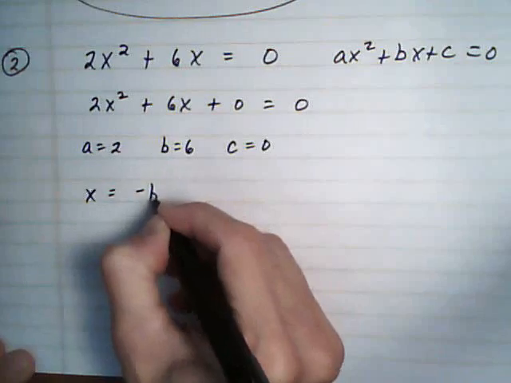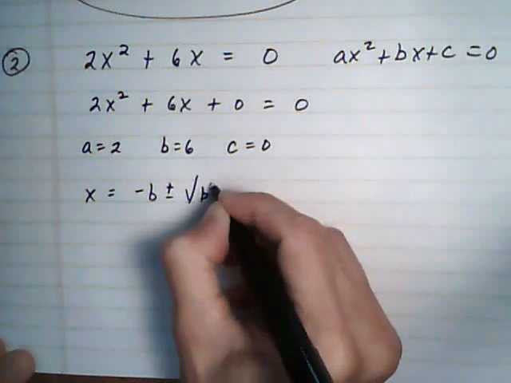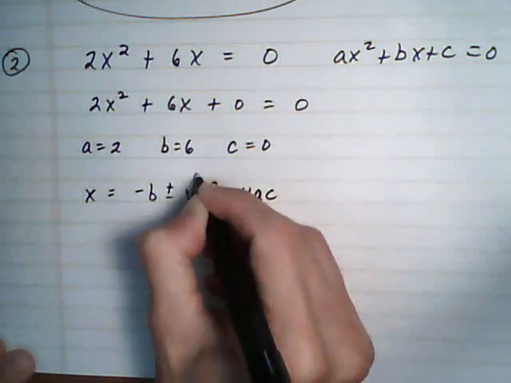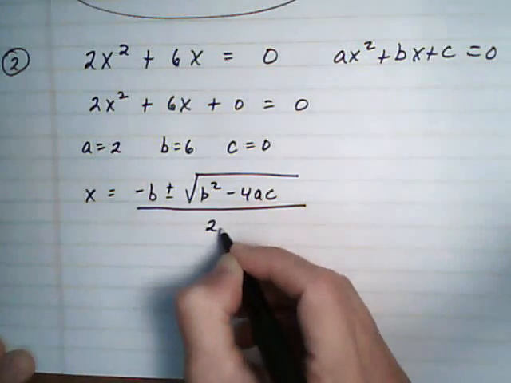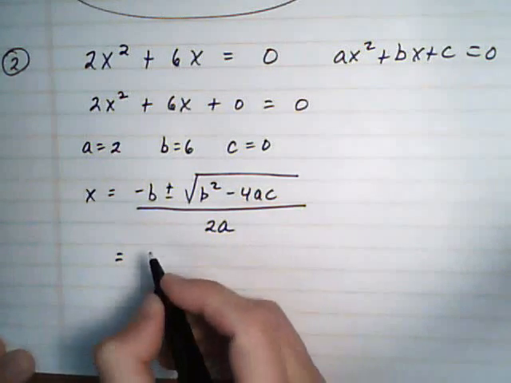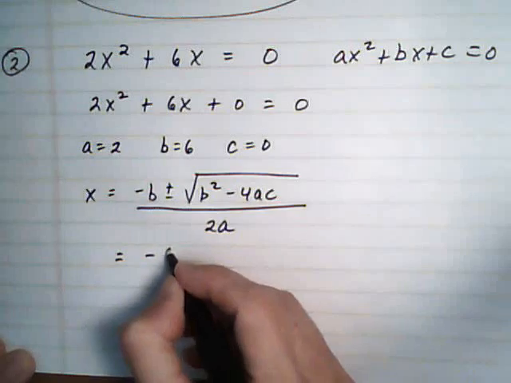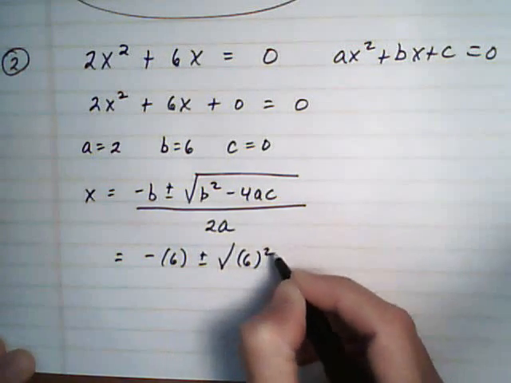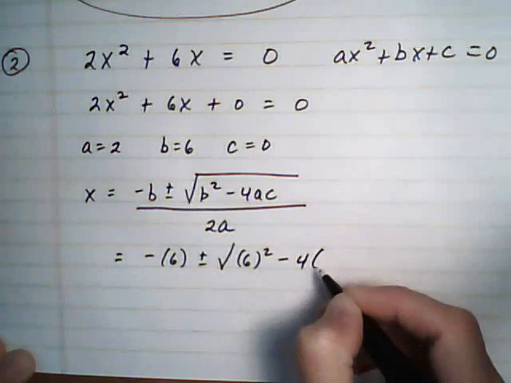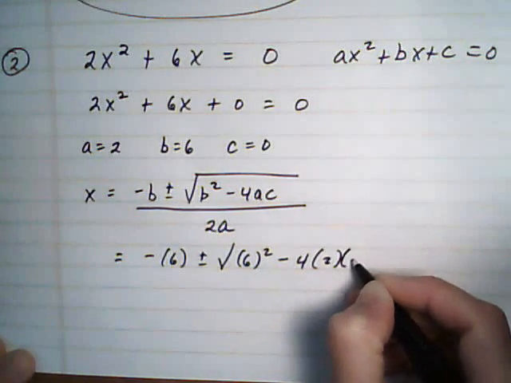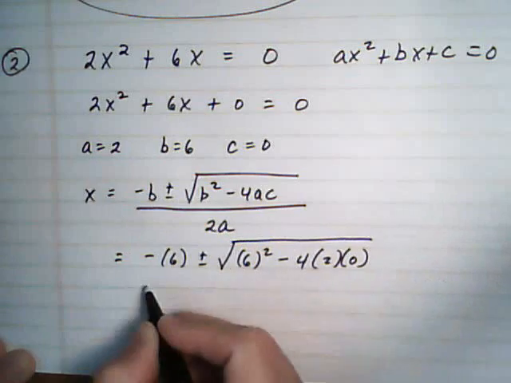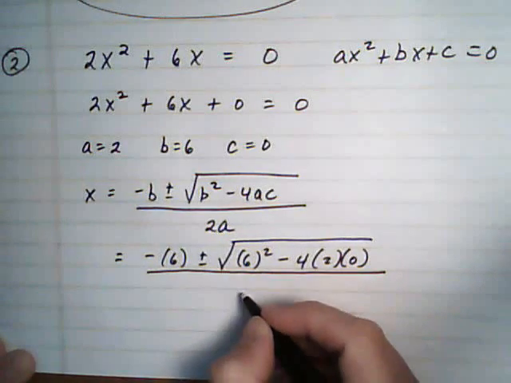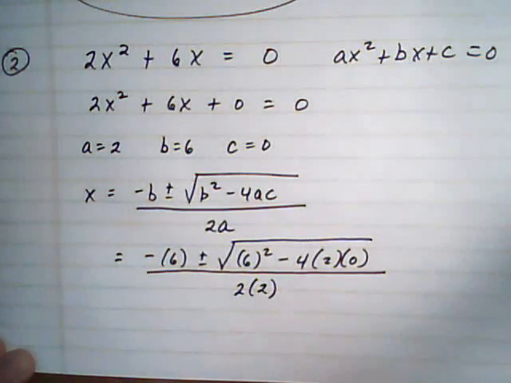x is minus b plus or minus square root b squared minus 4ac all over 2a. So that gives us minus b would be minus 6 plus or minus the square root of b squared, 6 squared, minus 4 times a is 2, c is 0, all over 2 times a, which is 2 times 2.